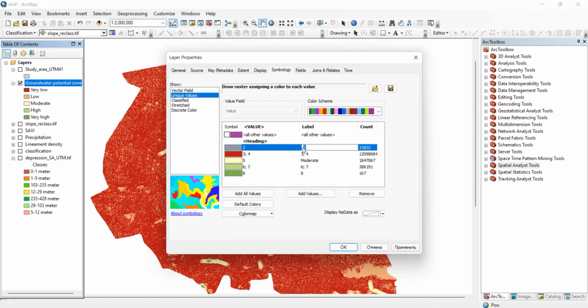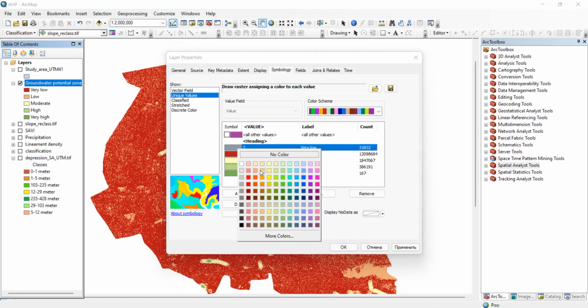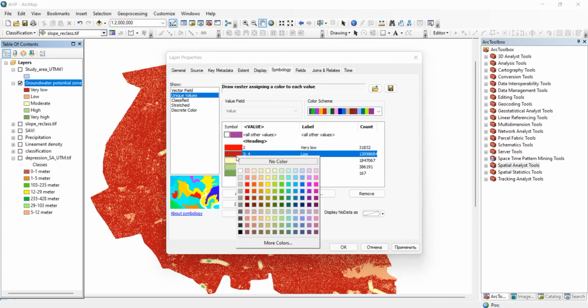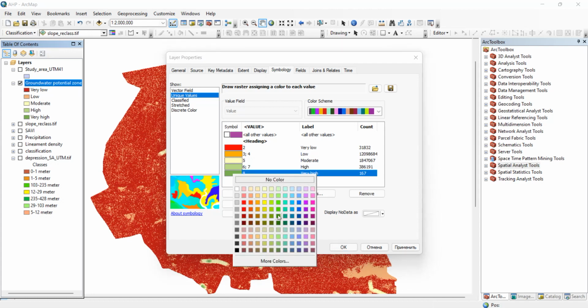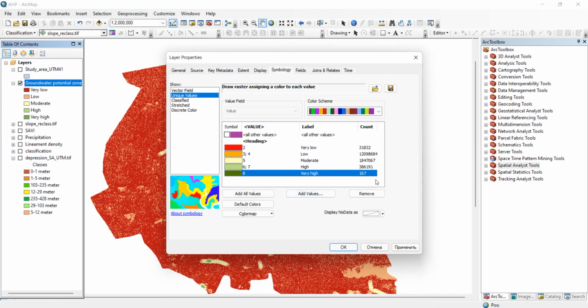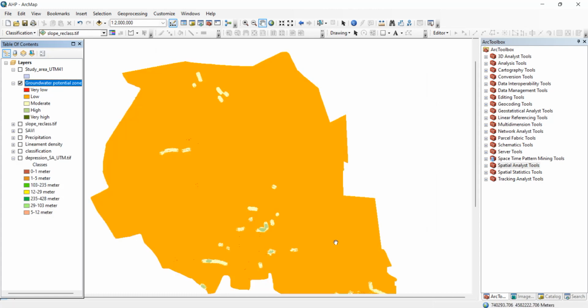So this will be very low, this will be low, moderate, high, very high, and very low will be red, low will be this, and I will choose to very high this value. Okay, let's click OK, and let's change.